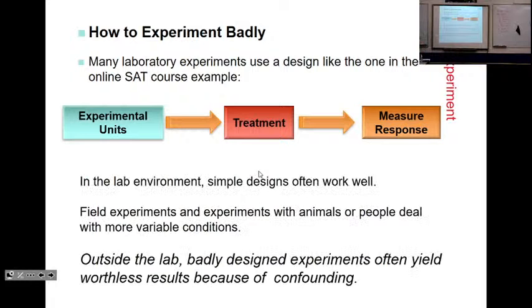The overall outline that we typically use is we have our units, our people or our plants or whatever we're measuring and gathering data about. We do some kind of treatment on them, and then we measure and compare their response.